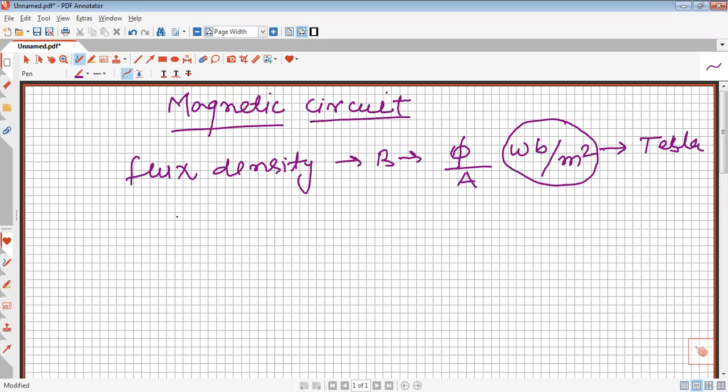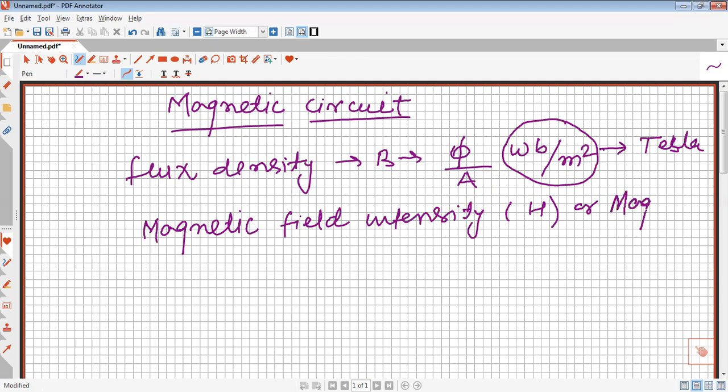Another important fundamental thing is magnetic field intensity, which is denoted by H. Its other name is magnetizing force.